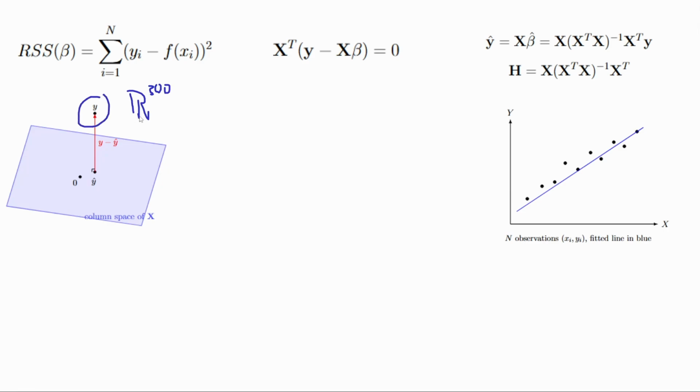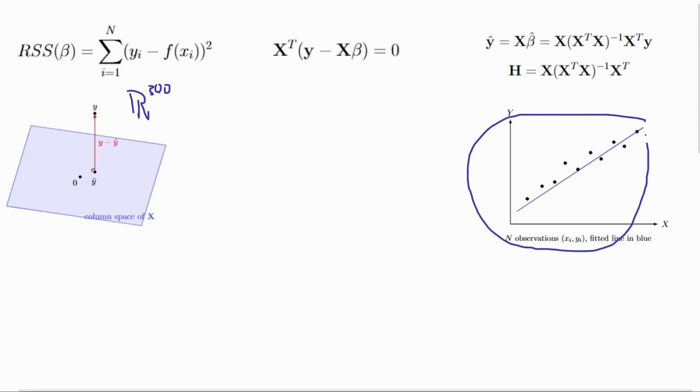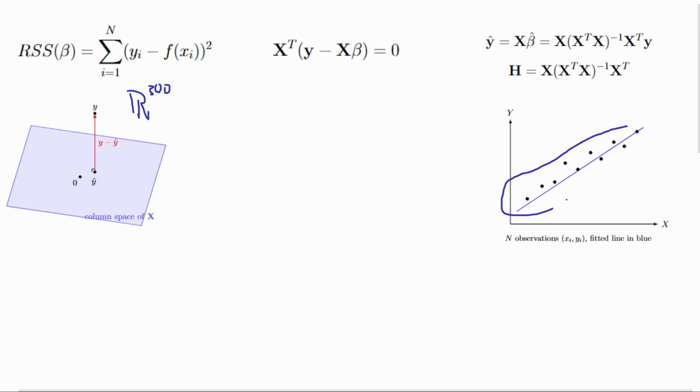It lies outside, most likely, of this column space of X. In other words, if you go back to the other picture, these points do not lie perfectly on the plane. In fact, we cannot find a line which perfectly has all the y values on this plane. This is the same idea, just in a different view.